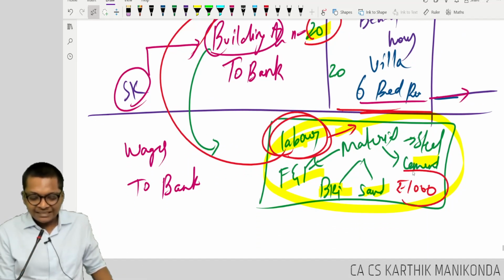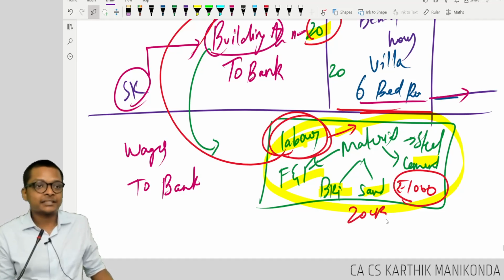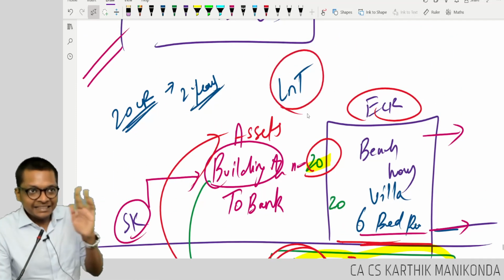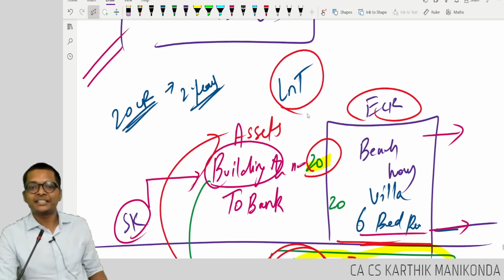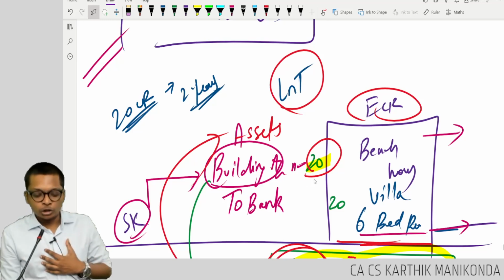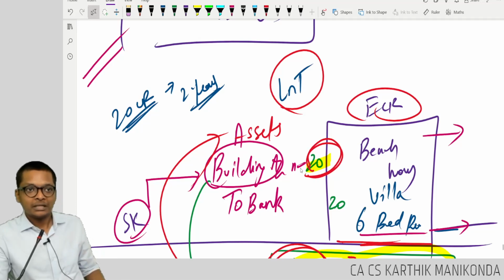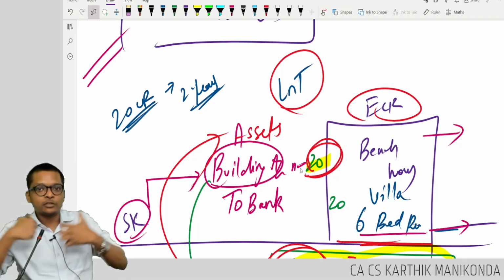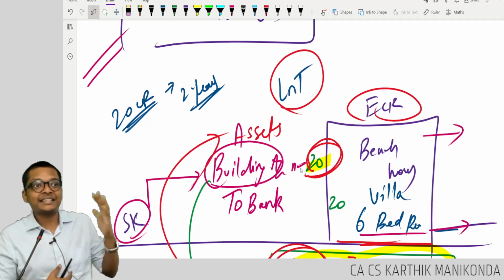So this tea, snacks expense, is it part of the 20 crores? Yes. Because Selva Kumar will not come and give the food. He made the payment of 20 crores to whom, guys? L&T will take care of providing all these facilities. Correct? So can I say tea and snacks expense also is part of 20 crores? Laborers will have to wear a helmet, one plastic helmet and one suit, for protection in the construction site.